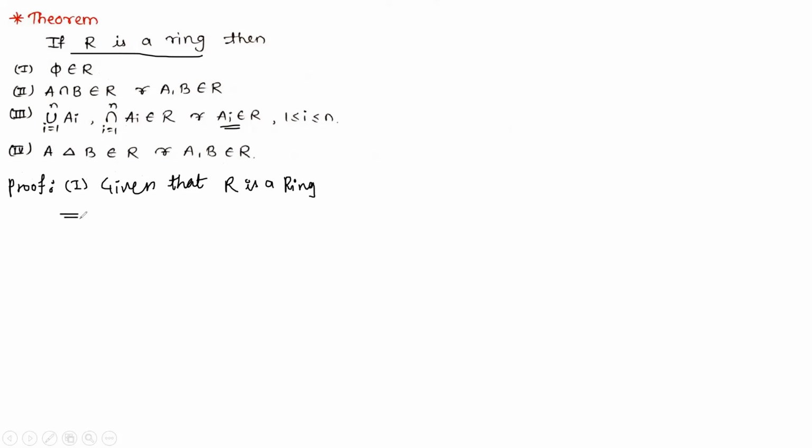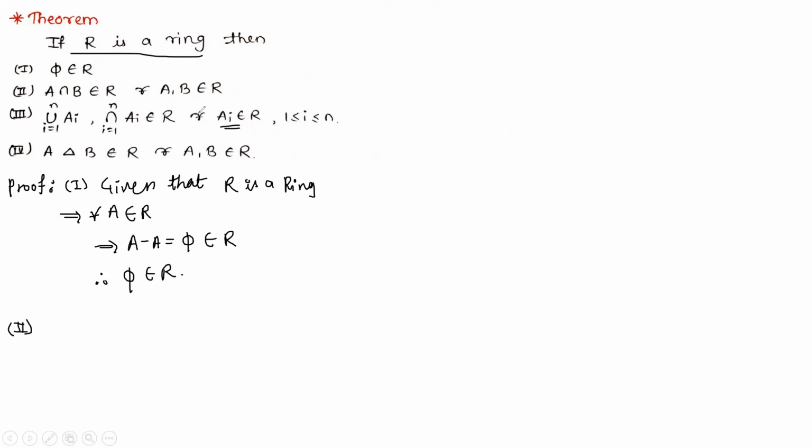Therefore, for A belonging to R, this implies that A minus A, which is phi, also belongs to R. So therefore, phi belongs to R.